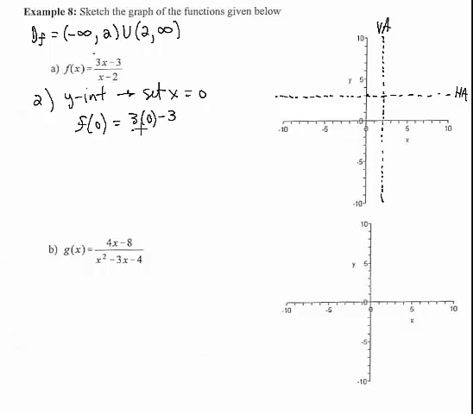If we plug in 0 into our function, we have 0 times 3 minus 3 on the top, and so the x terms just cancel out. We end up with negative 3 on top, negative 2 on the bottom, 3 over 2. So that is 1.5. So we find our y-axis and we go at 1 and then halfway between 1 and 2. Right there.